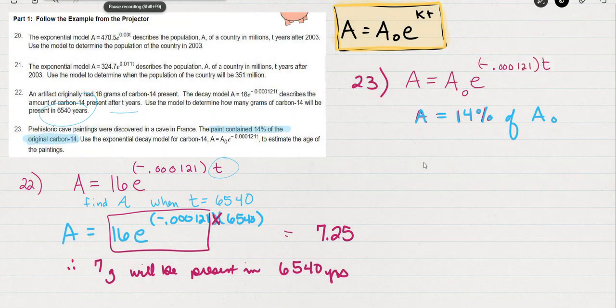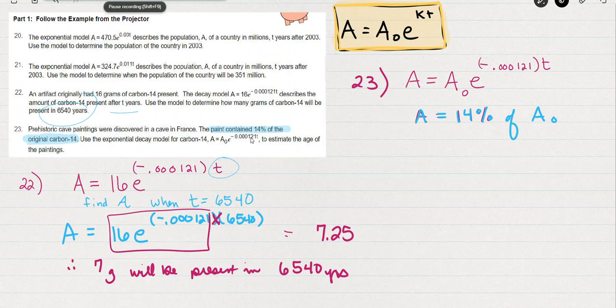Let's look at number 23. Now, this example is going to require us to do a little bit more interpretation. What we have is a prehistoric cave painting, and historians used to use the amount of carbon-14 in a product to determine its age. If the paint contained 14% of the original carbon-14, then use this decay model for carbon-14.